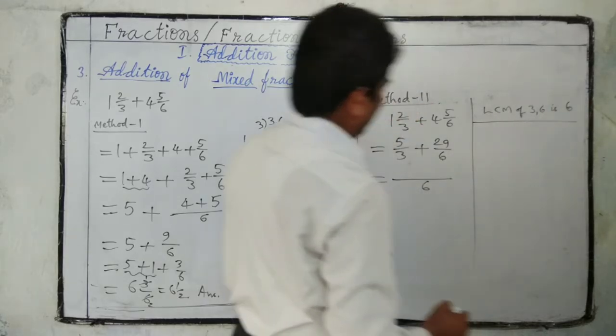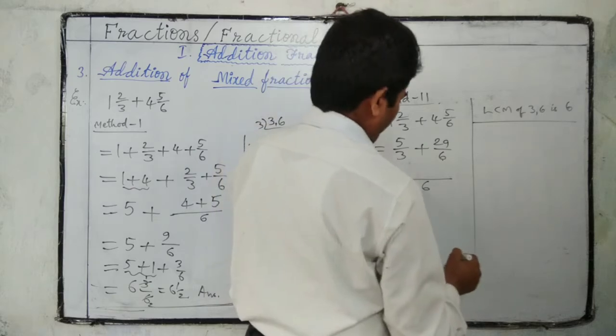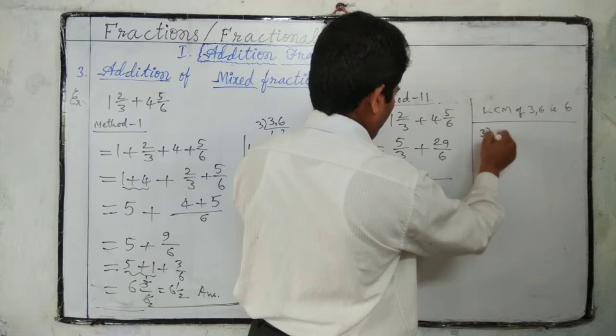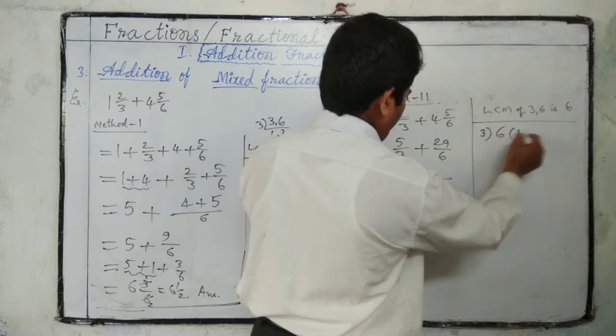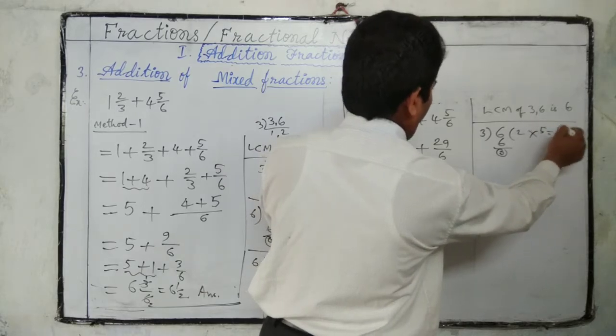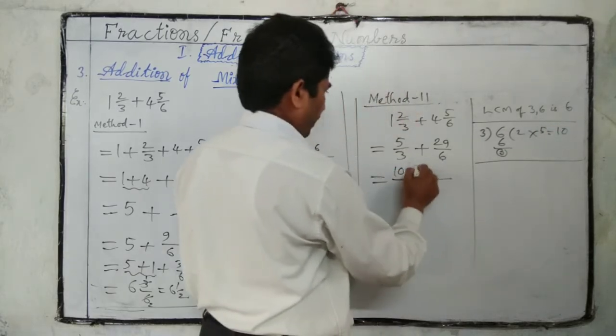Now divide the LCM with the first denominator of the fraction. 3 twos are 6, 2 fives are 10, plus.